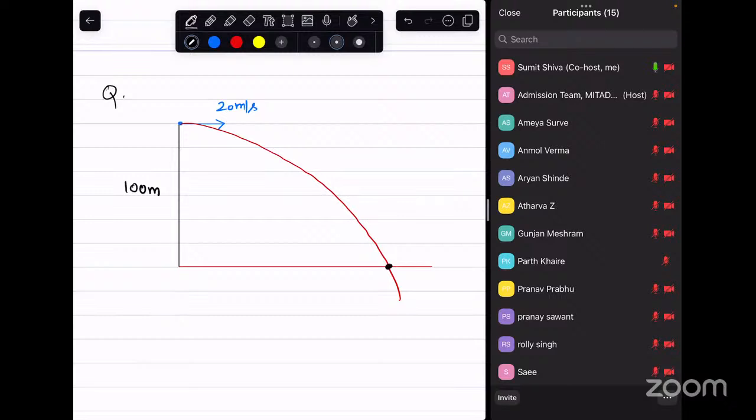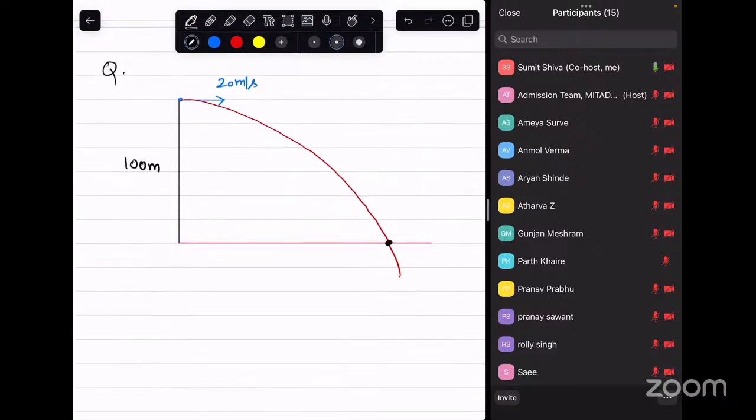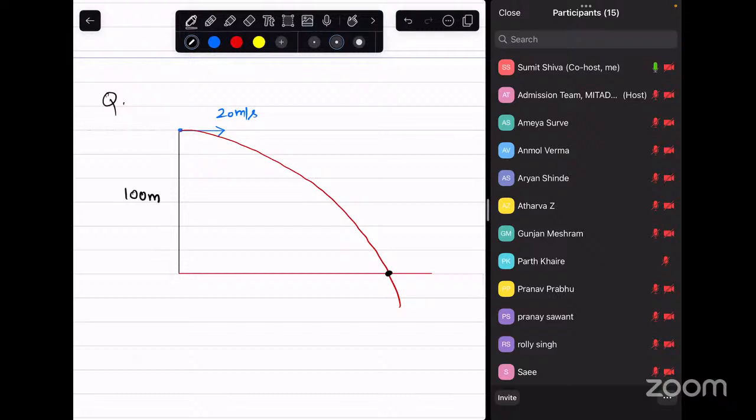So if you look at this question, there are again two directions, x direction and y direction, and velocity is given only in x direction, 20 meter per second, and there is no velocity in y direction. So in y direction downward, we have zero velocity.